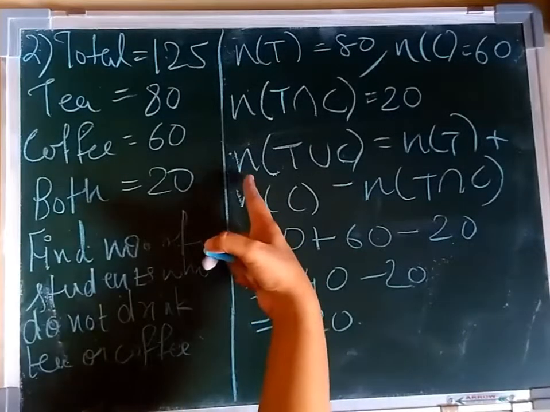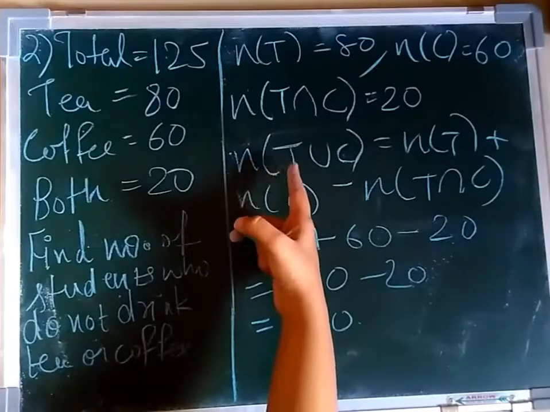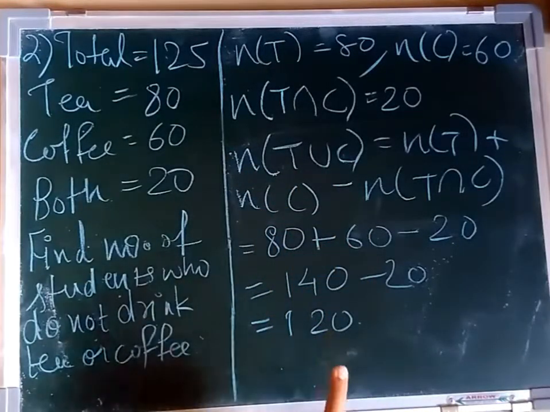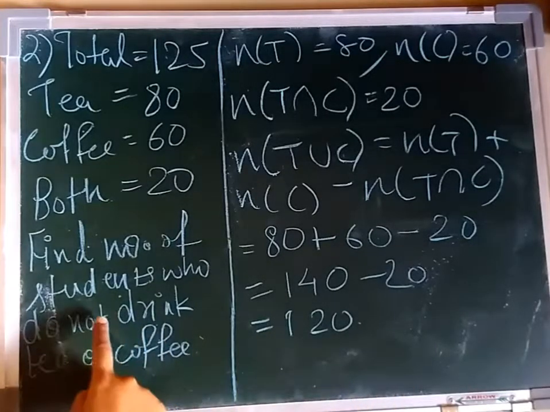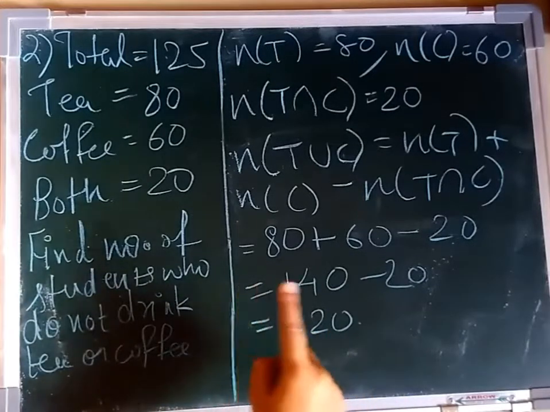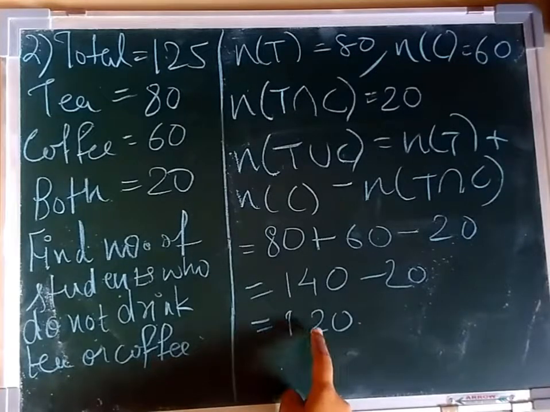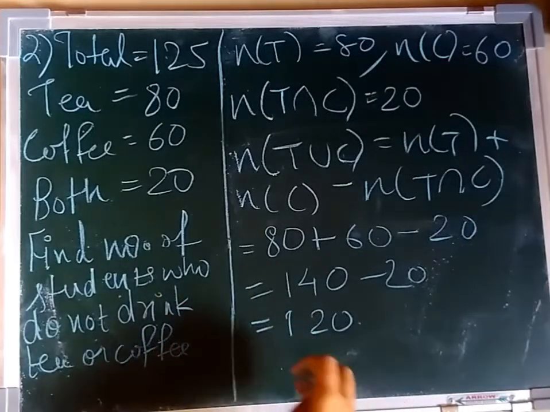So the number of students who drink tea or coffee is 120. That means the union set is 120. Now we need to find the number of students who do not drink tea or coffee. So from the total, we will subtract the number of students who drink tea or coffee. Then we will get the number of students who do not drink tea or coffee.